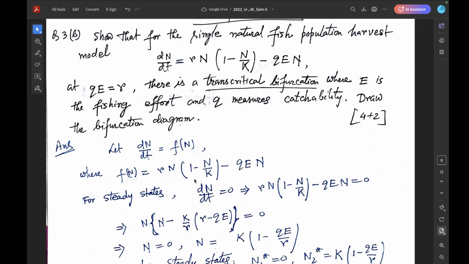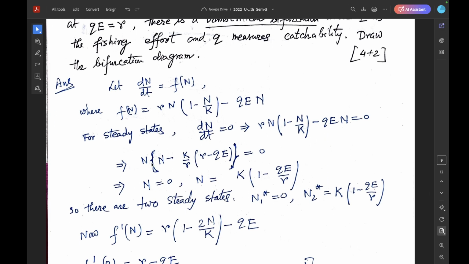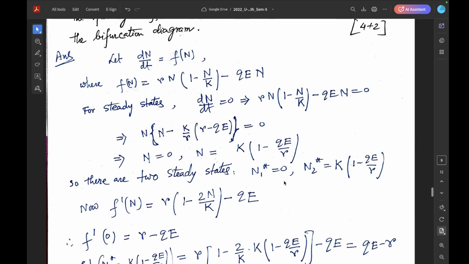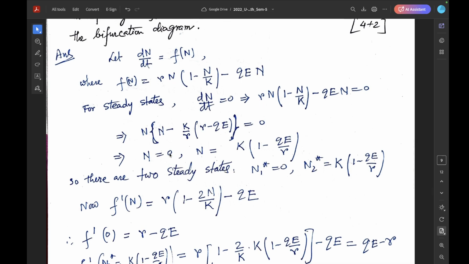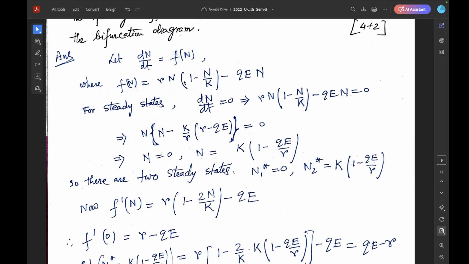For steady states, dN/dt = 0. So rN(1 - N/K) - qEN = 0. So either N = 0, or from this factor, N = K(1 - qE/r). So there are two steady states: N1*, the trivial steady state, and N2* = K(1 - qE/r), the non-trivial steady state. Now f'(N) = r - 2rN/K - qE.